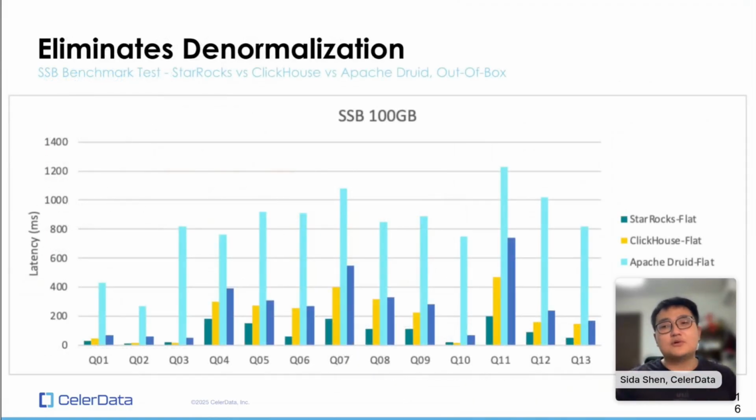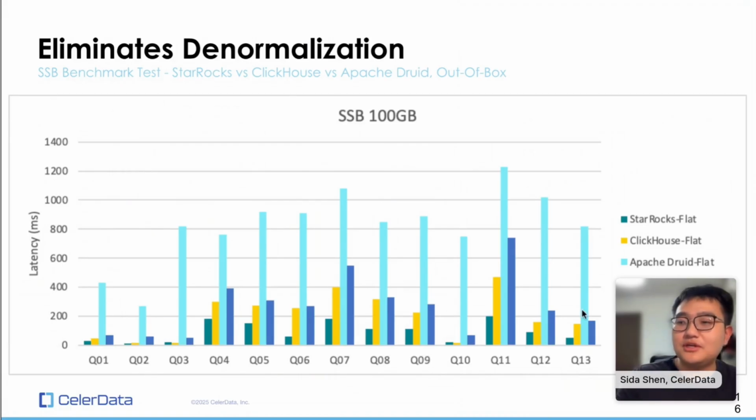So putting this all together, what does fast join look like? This is the SSB benchmark test between StarRocks, ClickHouse, and Apache Druid, out of the box. SSB originally is a multi-table benchmark test.